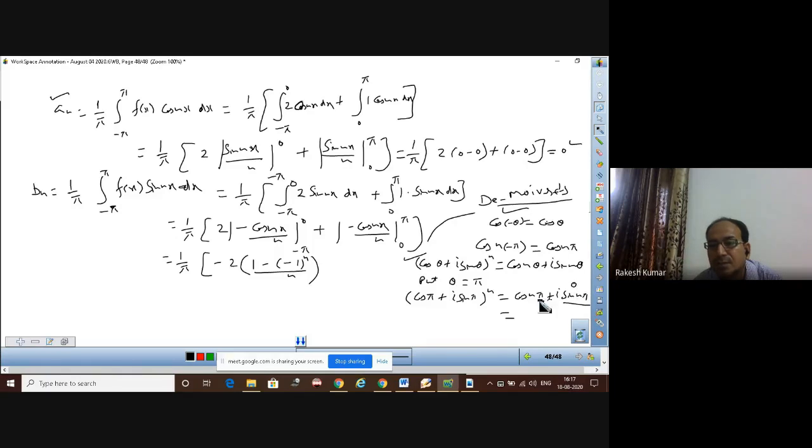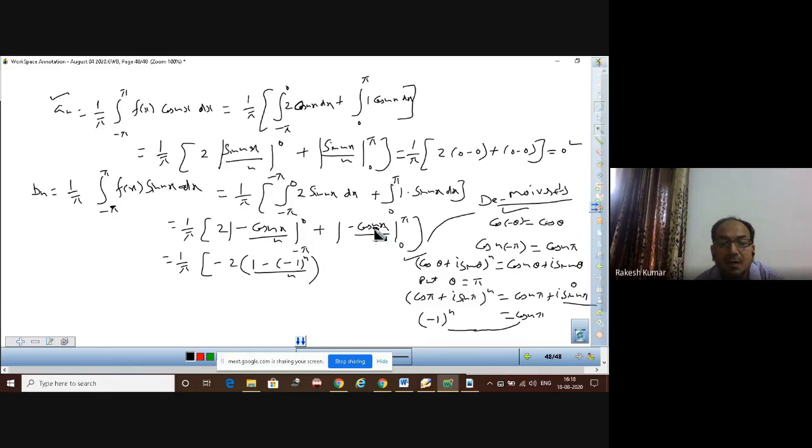So this value is 0, and this comes out to be cos of n pi. On this side, it is cos pi, which is minus 1, and sine pi is always 0. So that will be minus 1 raised to power n. So this is the value of cos n pi, calculated with the help of De Moivre's theorem.